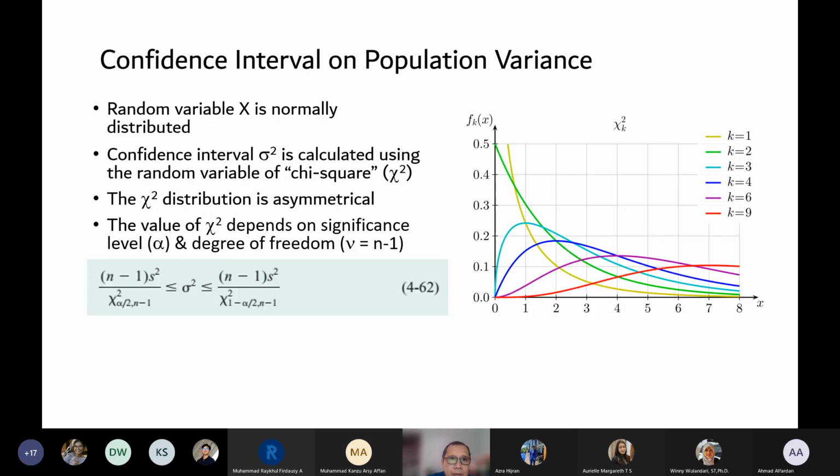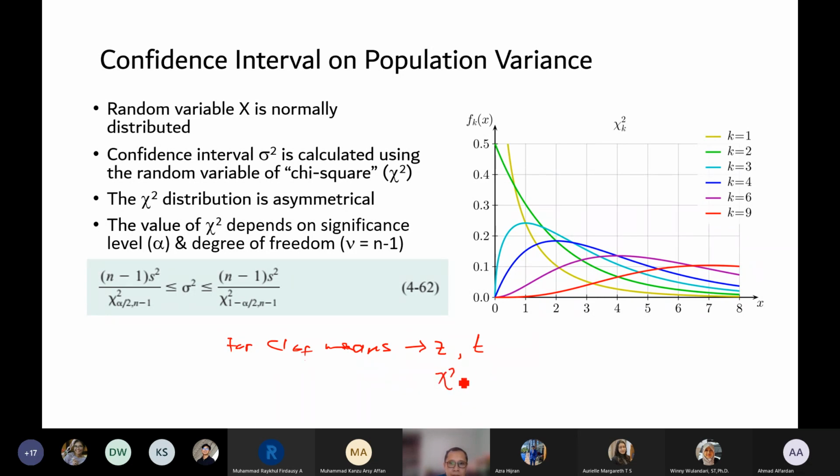So remember that for the confidence interval of means, we use either Z or T, right? For the confidence interval of variance, we use this quantity called chi-square.